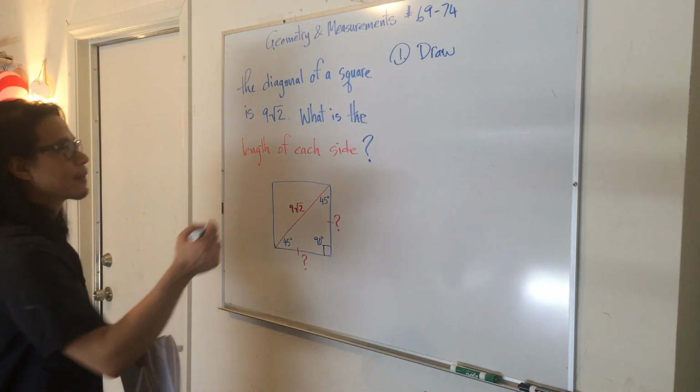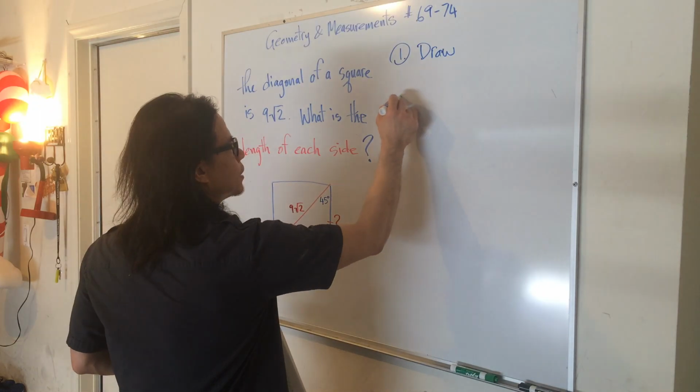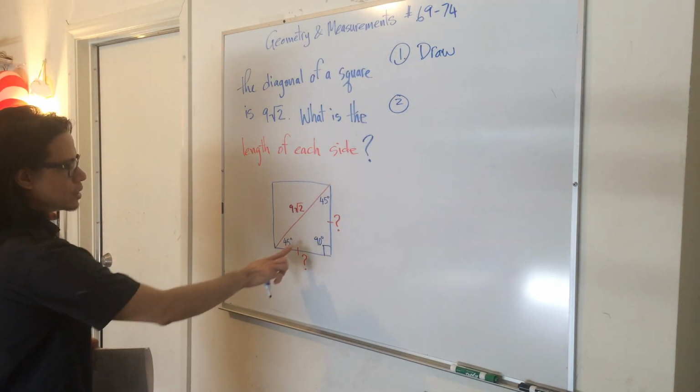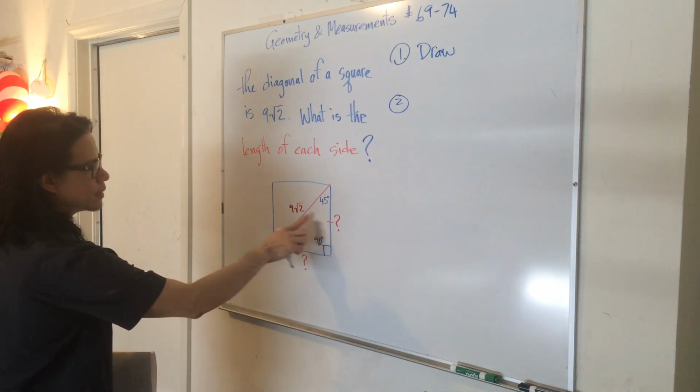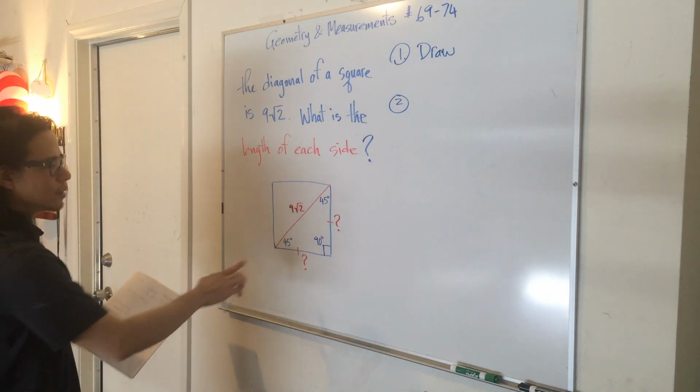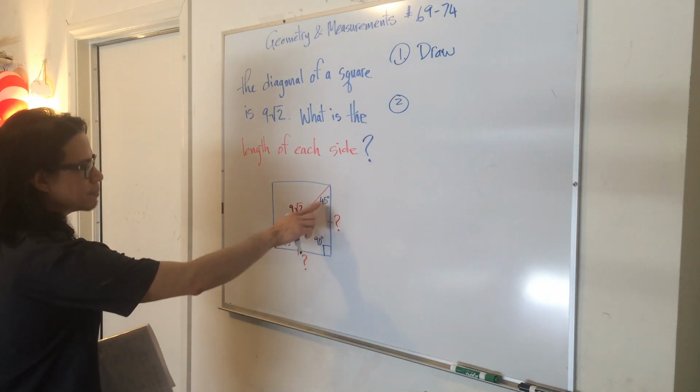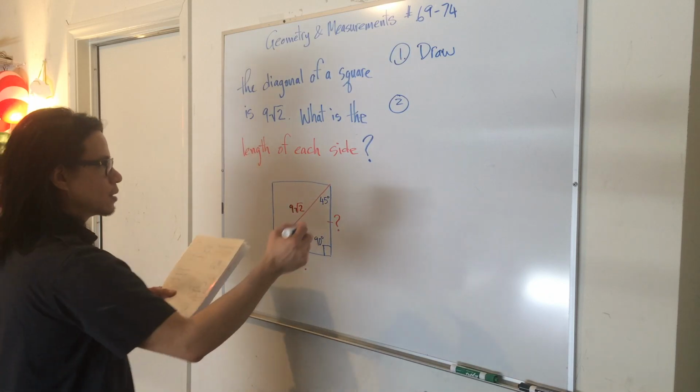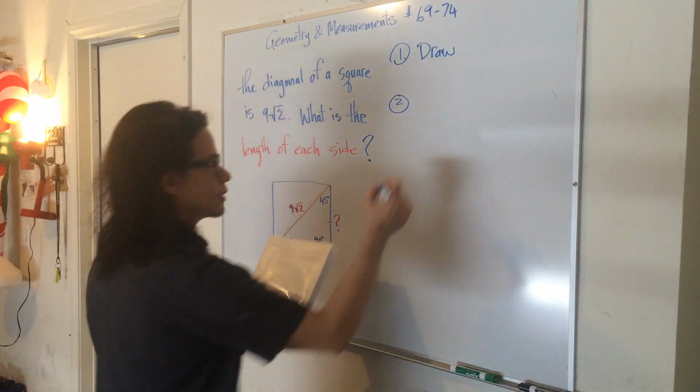Okay, so step 2, you can either use the Pythagorean theorem in which a squared plus b squared equals c squared, or if you're able to recognize that this is a special right triangle, we can use our shortcuts.